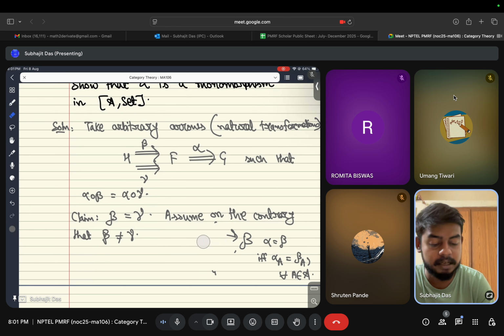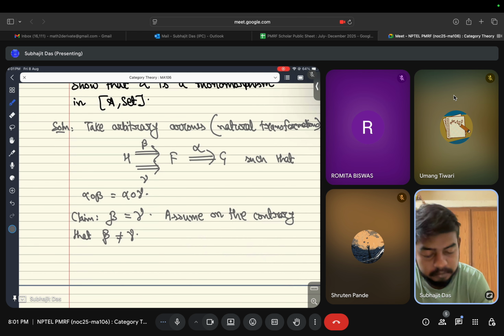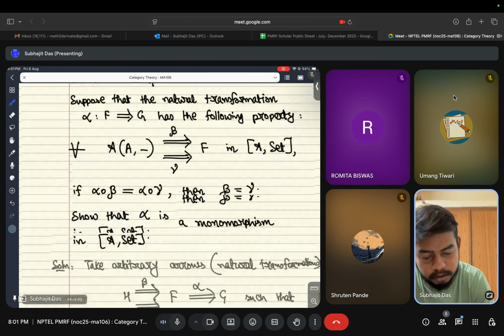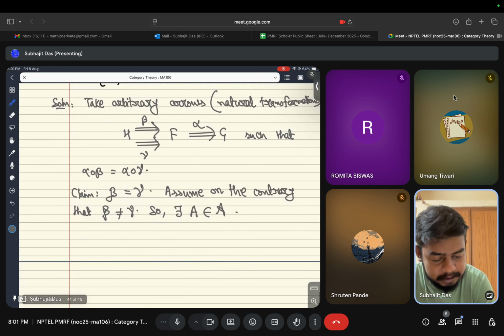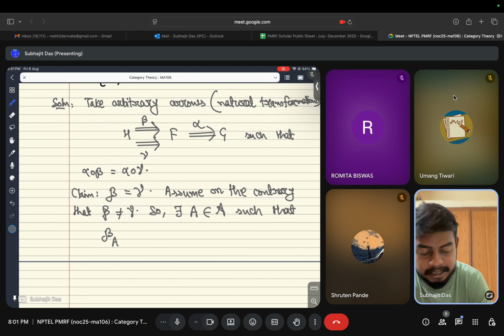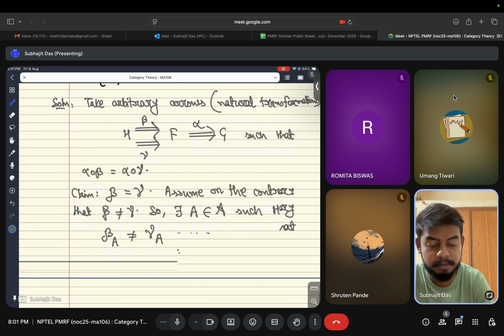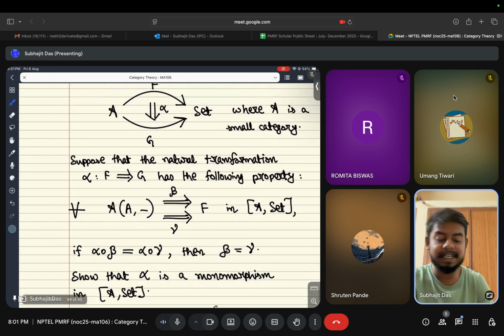So in other words, beta not equal to gamma here means there exists an object A in your domain category, script A, such that beta at A is not equal to gamma at A, both of which are arrows from what to what?